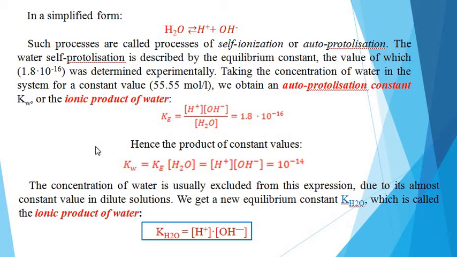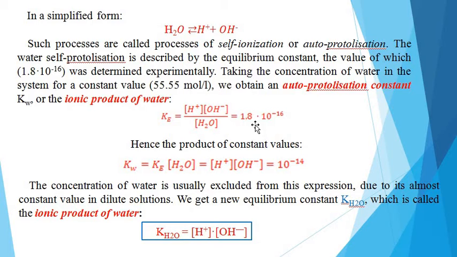The water self-protolysis is described by the equilibrium constant, the value of which, 1.8 multiplied by 10 to the minus 16 power, was determined experimentally.